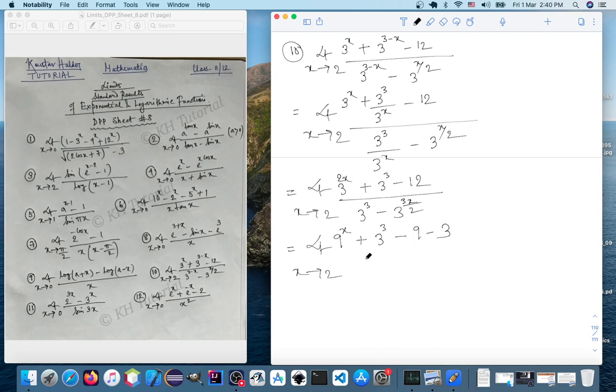And over here, if we take 3 to the power 3 common, we get 1 minus 3x by 2 minus 3.